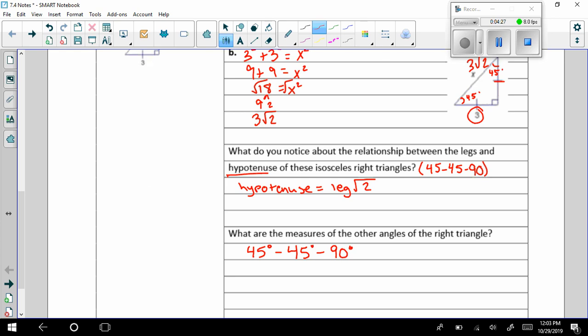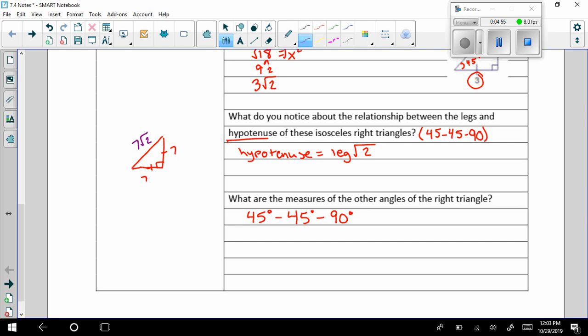Okay, so another example. Anytime you see that as an isosceles, say this is 3. We did 3 already. Let's do 7, 7. So this automatically would be 7 root 2. You don't have to do the Pythagorean theorem if you see that relationship.